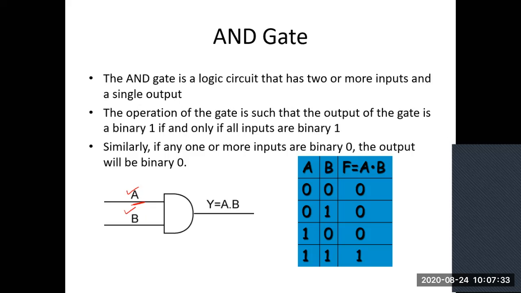Except these combinations, there is no other possible combination for A and B. When you take A and B as 0 0, you get 0. When you take 0 1, you get 0. When you take 1 0, you get 0, and you get 1 in a single case, when both inputs A and B are 1.